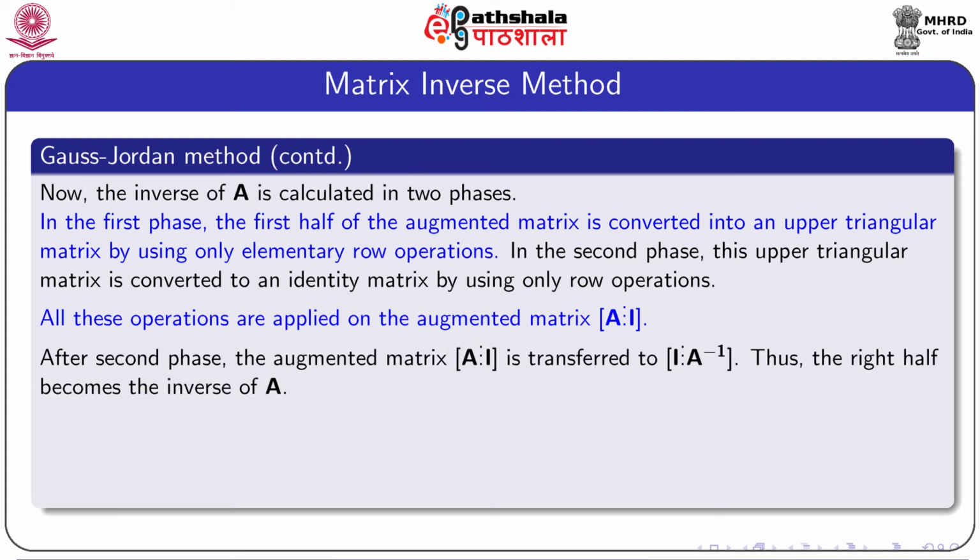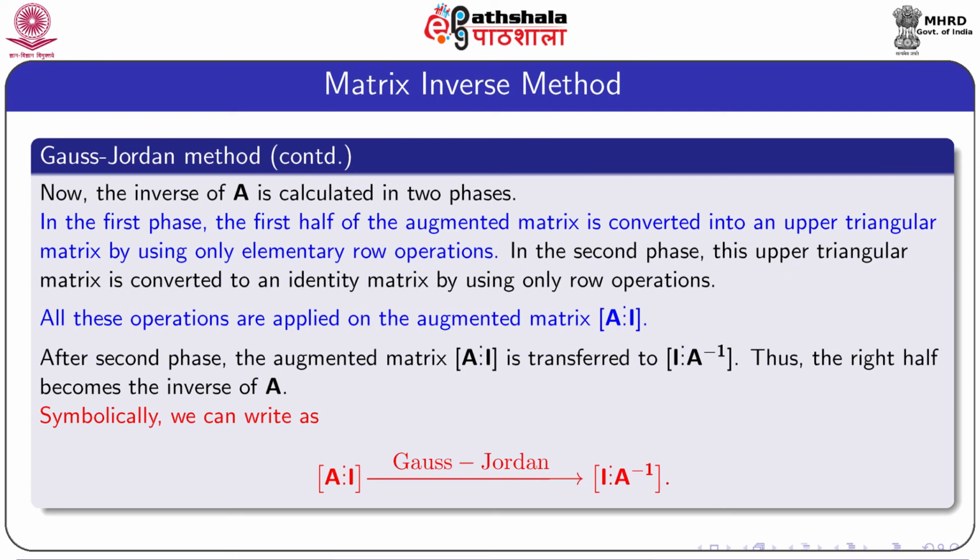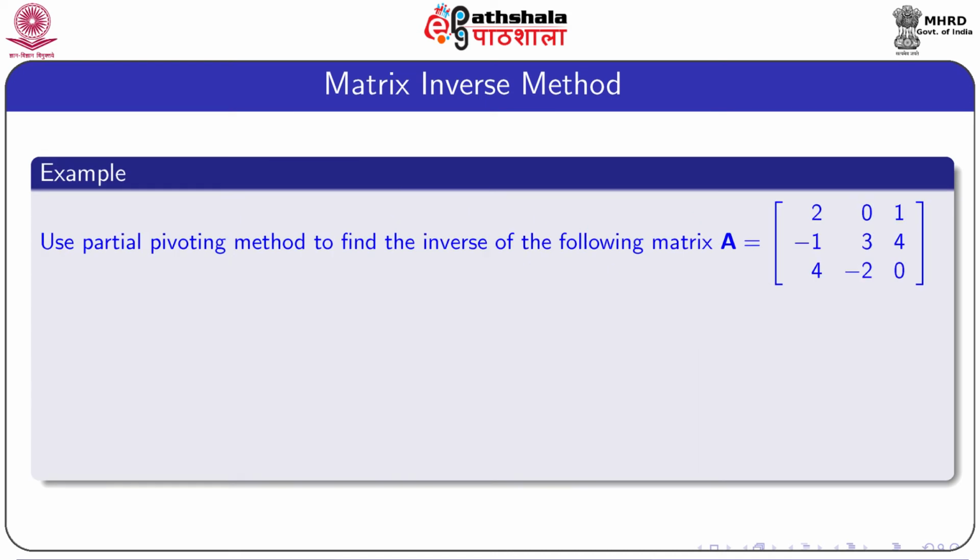After the second phase, the augmented matrix is transformed to [I | A inverse]. That means the right hand side becomes the inverse of the original matrix A. Symbolically, it is written as [A | I], and after the Gauss-Jordan elimination method, this matrix is reduced to [I | A inverse]. Now, we use the partial pivoting method to find the inverse of the matrix A with the help of the Gauss-Jordan elimination method.